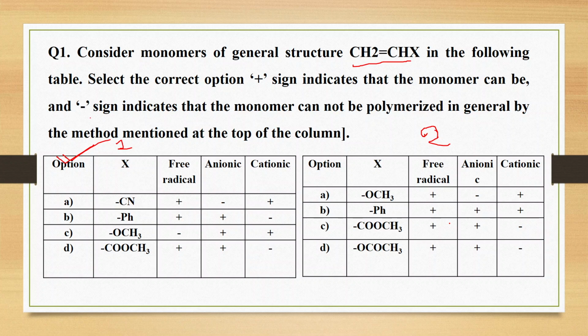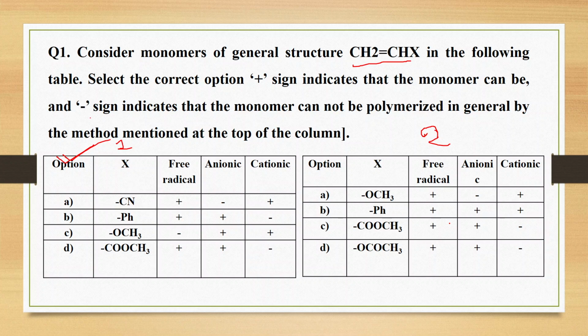Table 2 is D. Okay. Just try to think whether it will stabilize the free radical or any anionic species or cationic species.